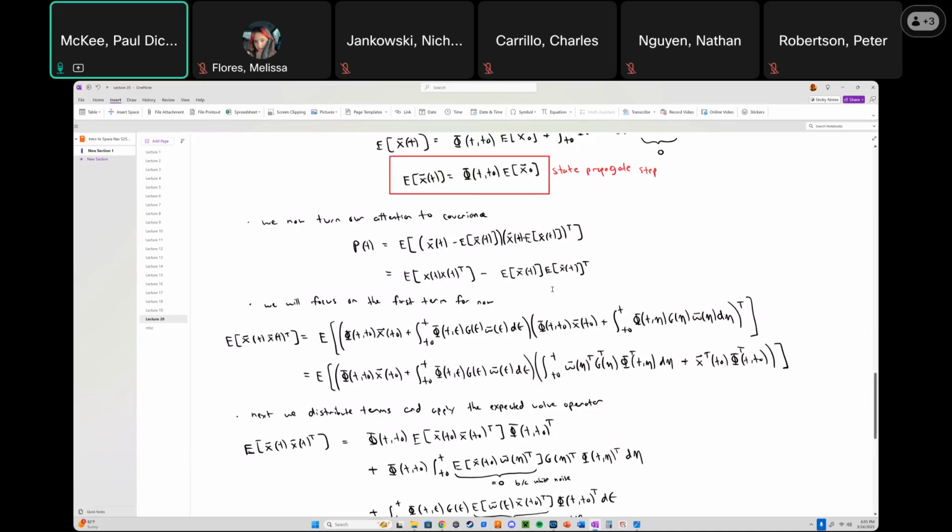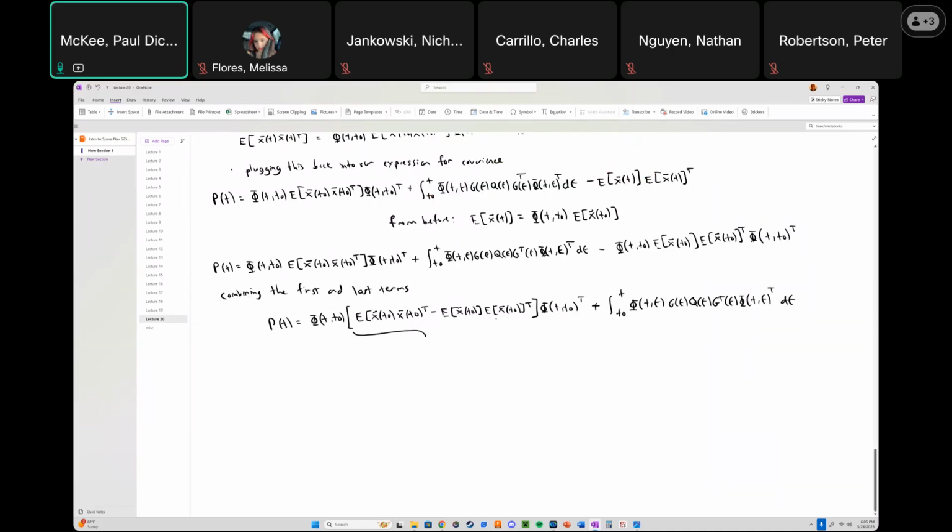That is this term. This term here is simply the covariance of our initial state. So thank goodness we finally have made some progress. We can say, and as a matter of fact, this is pretty much our final equation here, that our covariance at some time t is related to our initial covariance by the state transition matrix. So phi t naught to t, P of t naught, phi t to t naught transpose. And then there is our nasty integral term.